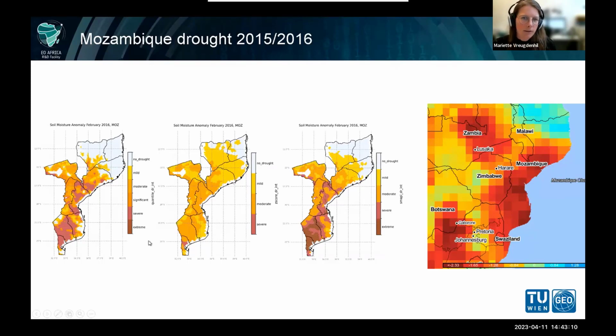So although the spatial patterns are similar, the severity is very different. And we can also see that, for example, for the Z-scores there's no differentiation in drought severity in Gaza and in Inhambane, which there actually is for the quantile method and also for the SMAPI method, the soil moisture anomaly percentage index.